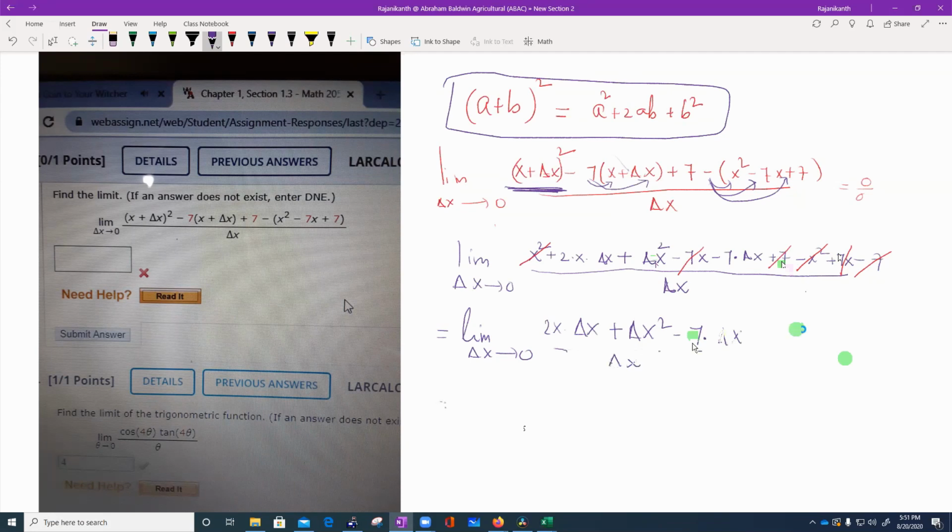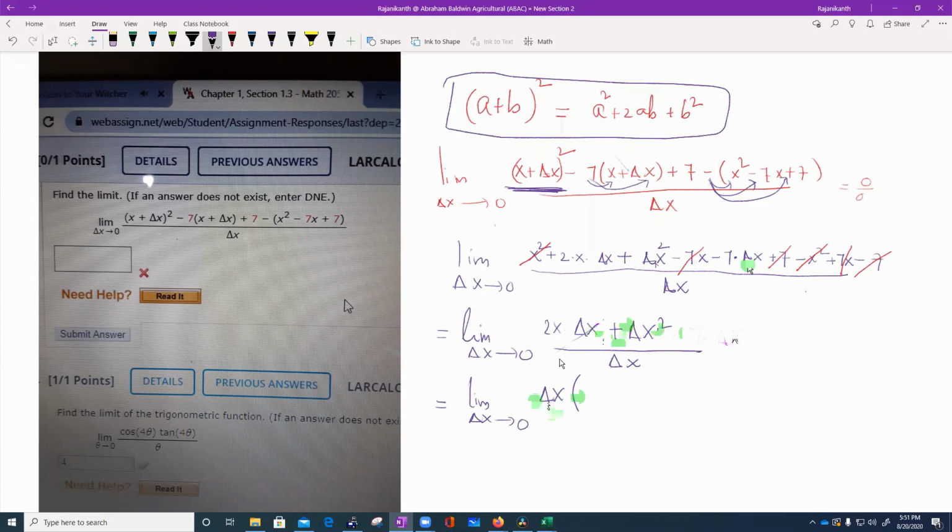Now look at the numerator part again. Delta x is the common factor. You have delta x everywhere, here, here, and there. That means you could take delta x as a common factor in the numerator expression. So let me pull out that delta x as a common factor. You all know the factoring, right? So I am pulling out delta x everywhere.